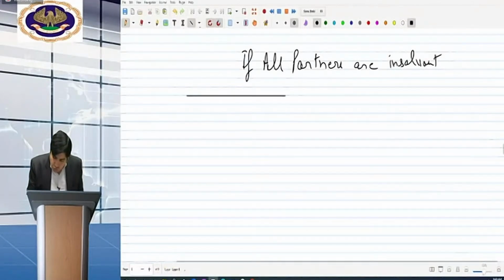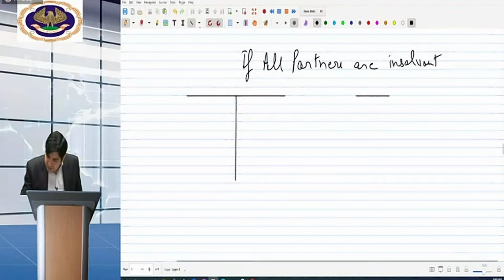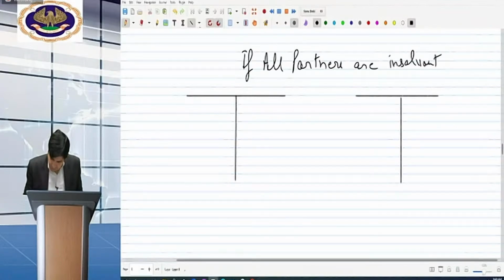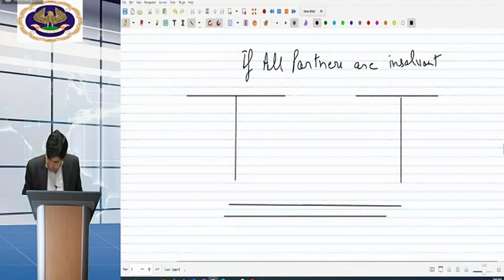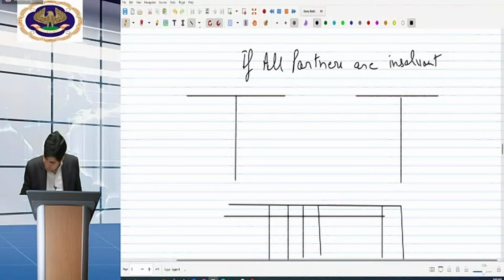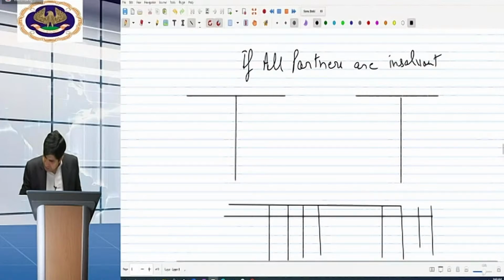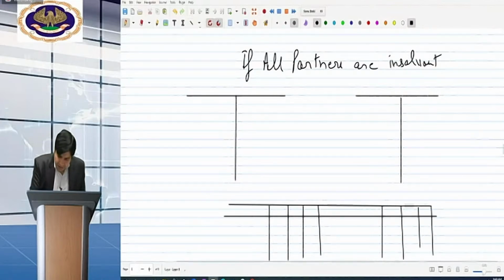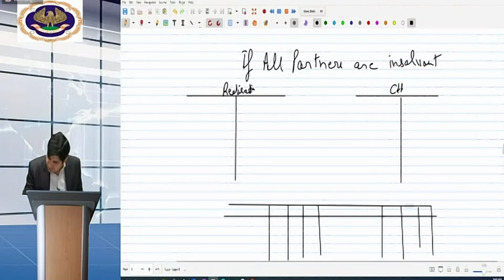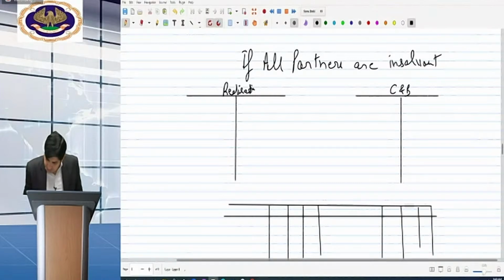See, only a 2-minute discussion. These are the same accounts which we have prepared. These are the realization account, the cash and bank account, and these are all the partners' capital accounts.